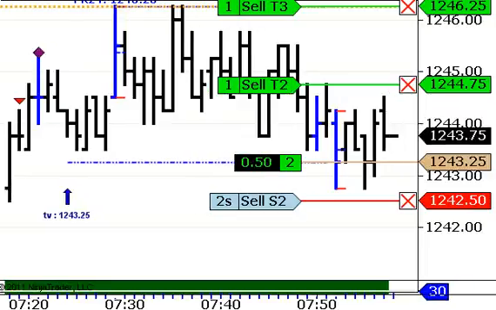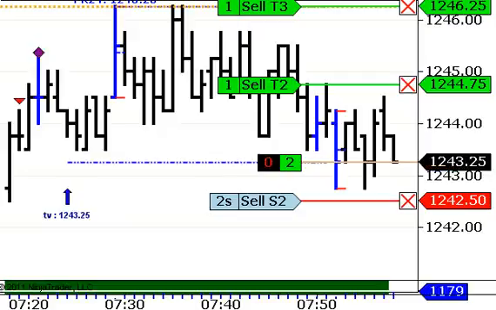And you can see that it took approximately 25 minutes or so for the market to come down and fill us on this long trade at 1243.25. Sometimes we put an order in and it gets filled very quickly. Not usually. Usually there's several minutes at least, but in this particular example there was quite a bit of time, some 25 minutes or so.